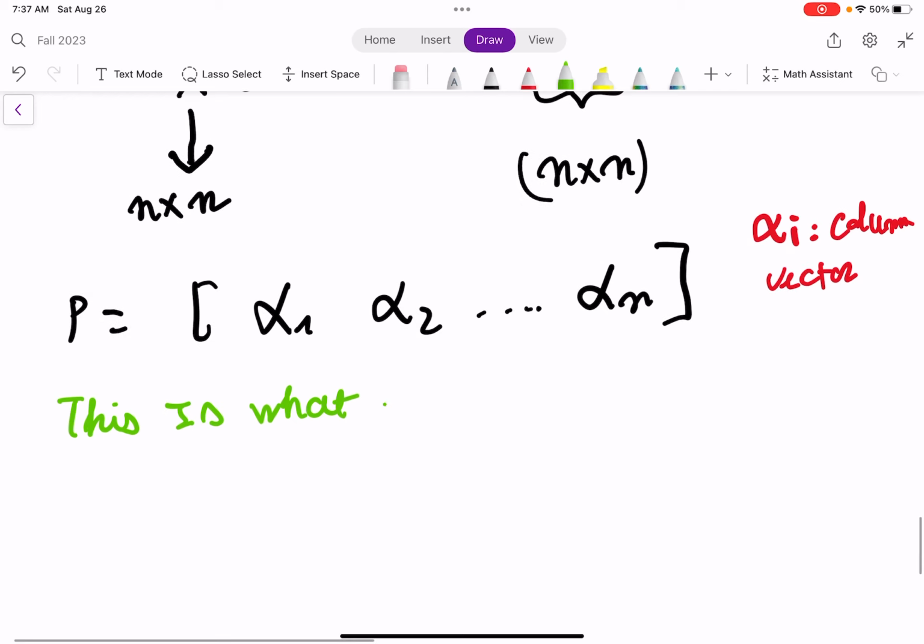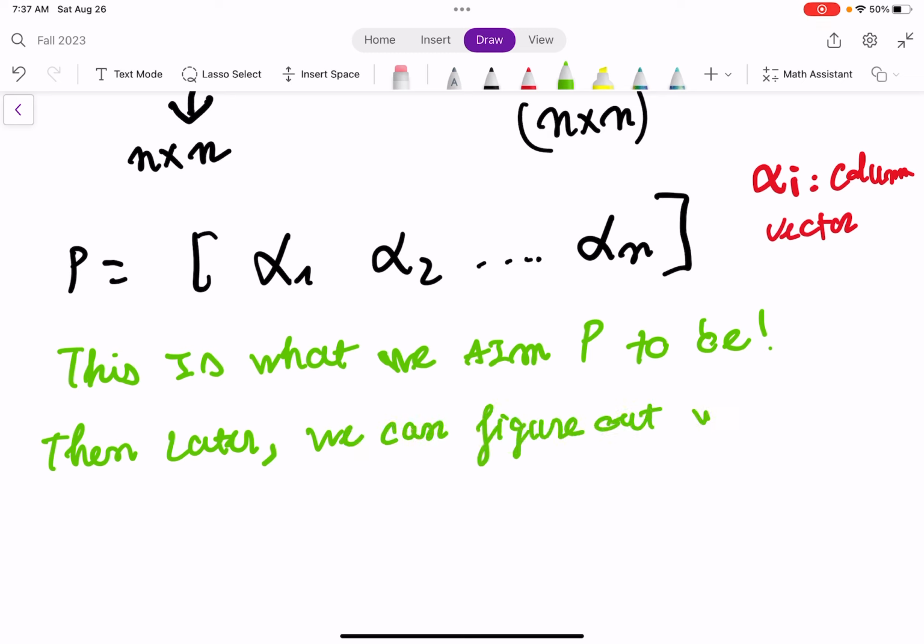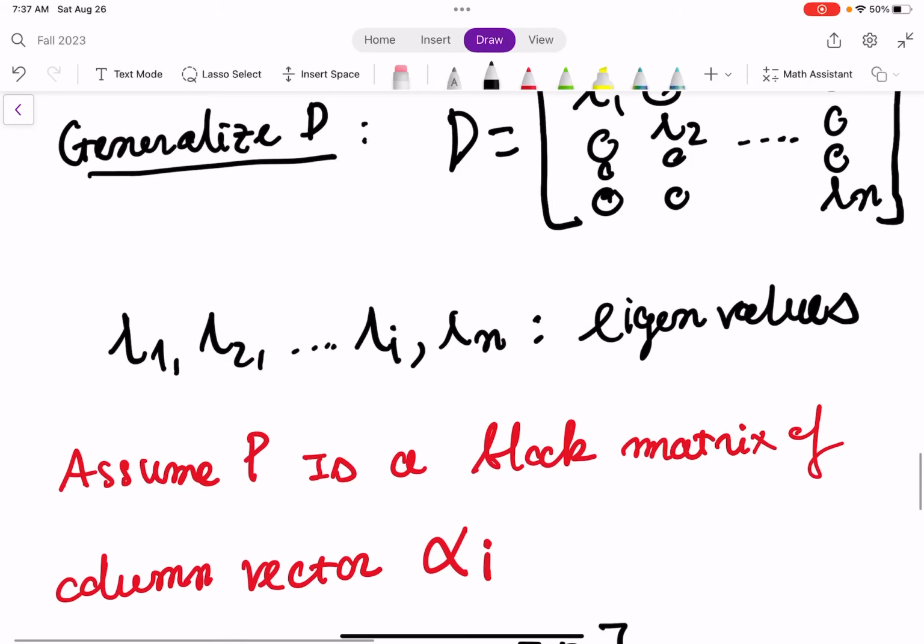So this is what we aim P to be. Then later we can figure out what alpha is. So let's go ahead and figure out what alpha is together.